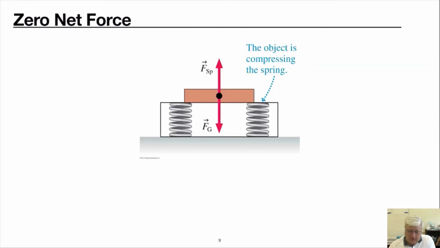Okay, so when you're on the scale and it finally balances out and gives you a reading that's not changing, then we're in equilibrium. We're in static equilibrium. We're at rest. So that upward force from the spring is perfectly balancing out that downward force due to gravity.